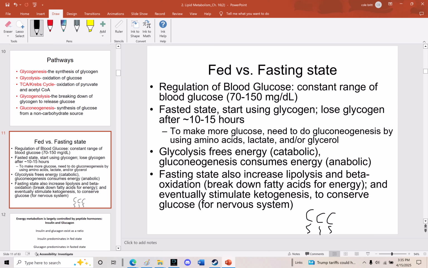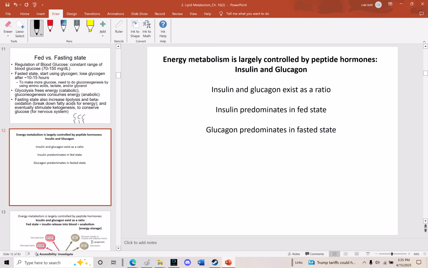Right now we've been talking about the fasted state and breaking down fatty acids, where we still have NADH and FADH2. But when we build fatty acids, NADPH is going to be the reducing molecule that's going to allow us to build fatty acids. So that is true. That is a correct answer, and we will talk about that in this lecture as well.